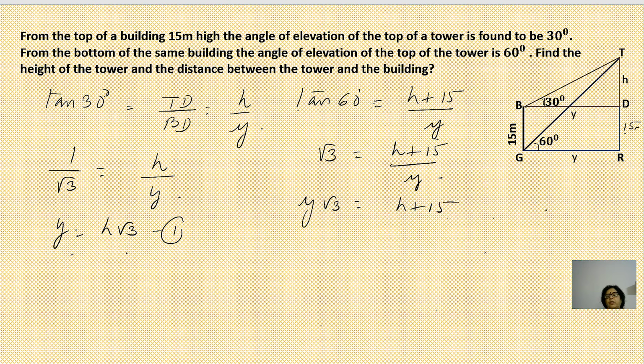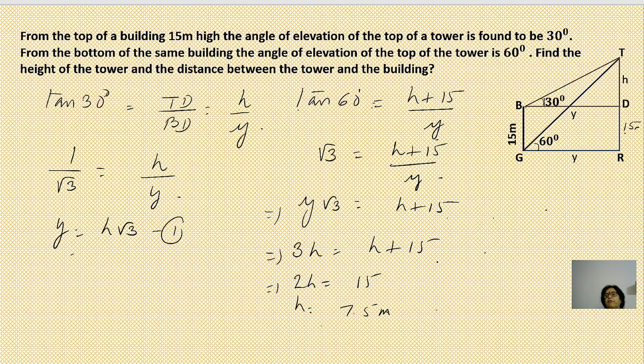Now Y is equal to H root 3. So if we substitute over here H root 3, we get 3H is equal to H plus 15. Root 3 into root 3 is 3, and Y is H root 3, so we get 3H. So 2H is equal to 15. So this means H is equal to 7.5 meters.